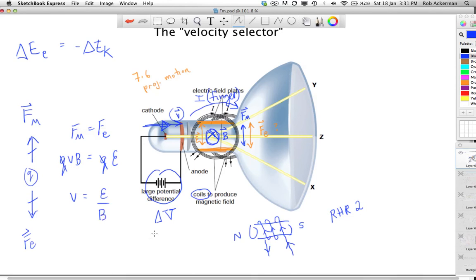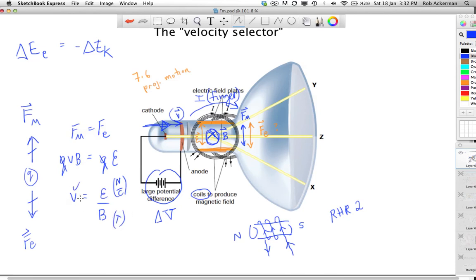The idea being, if you can get a beam of particles to travel straight through this device here, that will mean that the forces of magnetism and electricity are balanced, and the speed will be exactly equal to the electric field in newtons per coulomb divided by the magnetic field in Tesla.